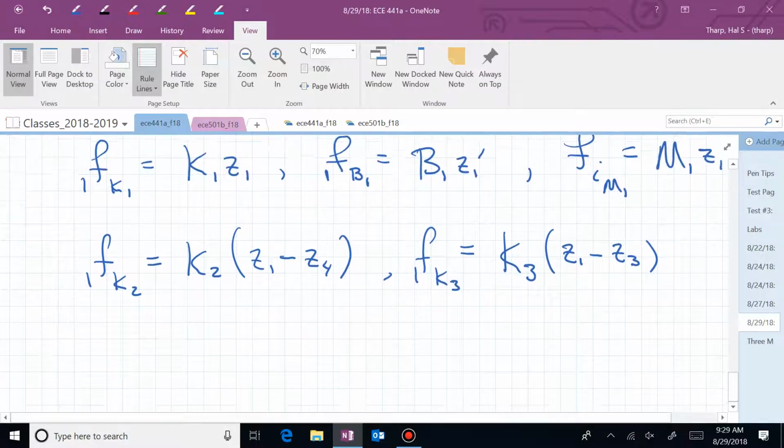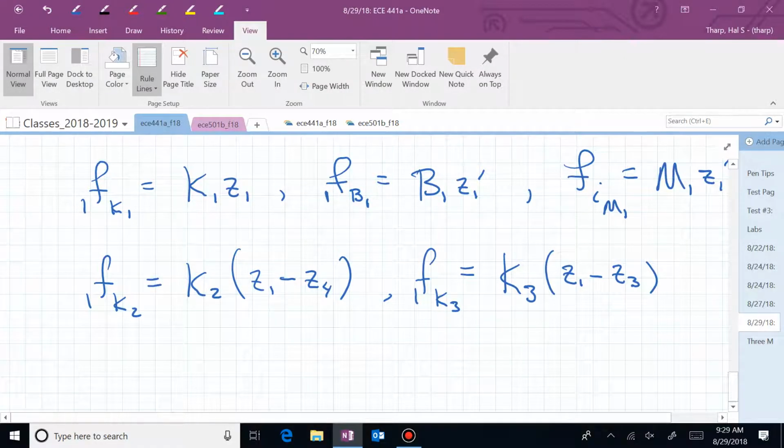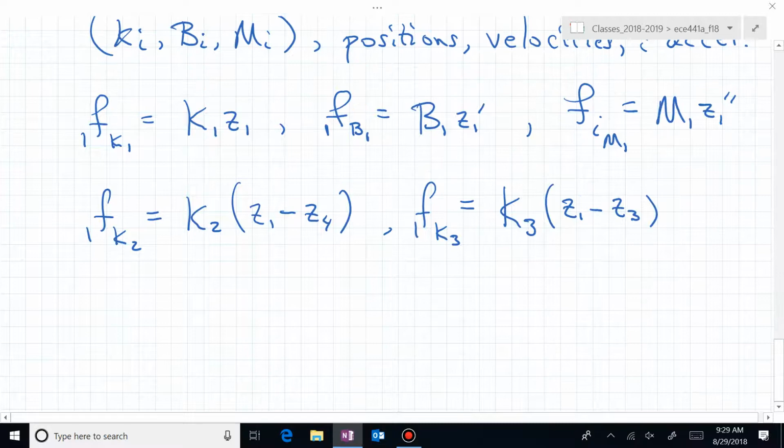Now we can use all of those expressions to write our equation associated with free body diagram number 1.